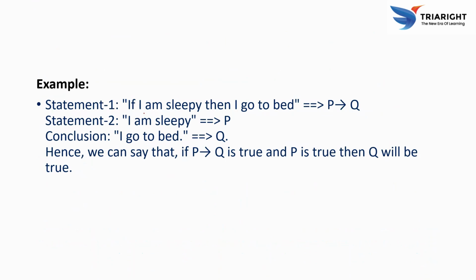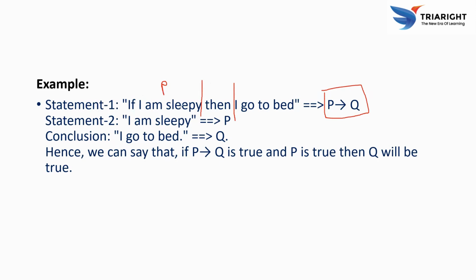Statement one: if I am sleeping then I go to bed. So we have a conditional here. How do we denote the sentence? I denote I am going to sleep as P, and then means implication, a conditional.